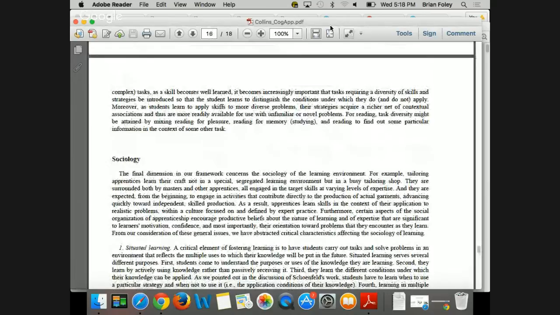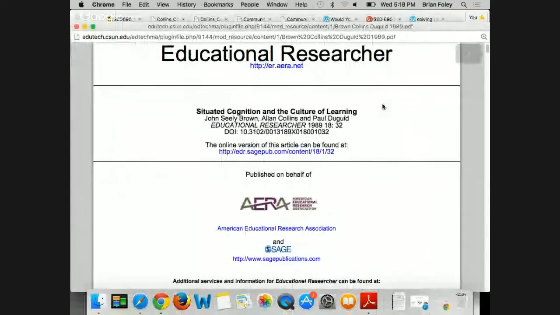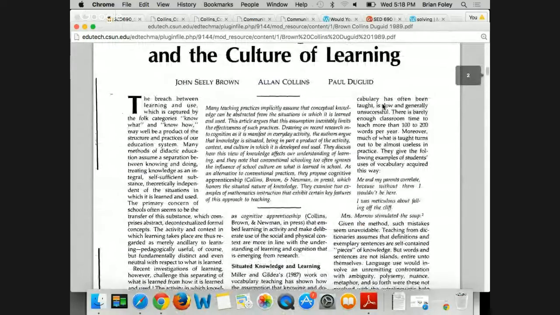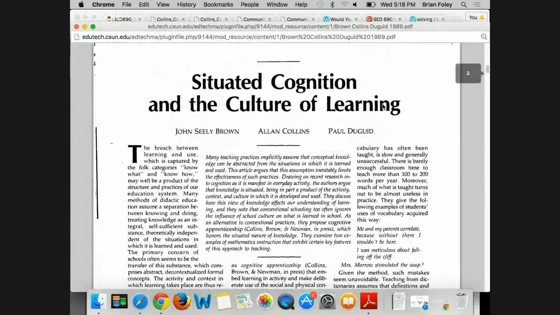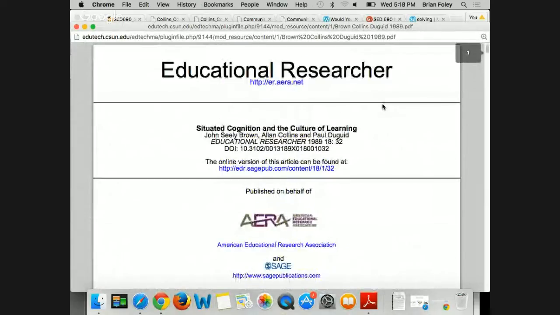All right. Let me see. What's in the other paper that wasn't covered in here? Did we have anyone who was going to summarize this one? This is the situated cognition. By the way, you're probably not familiar with the Ed Researcher, right? It's a journal, but it's more of a magazine format.